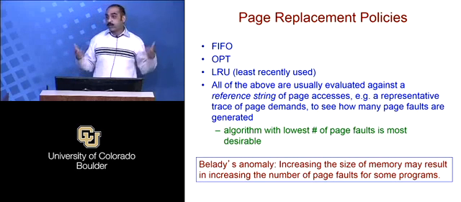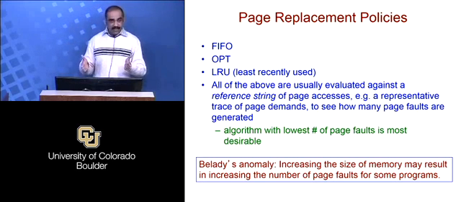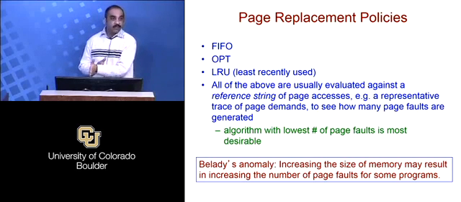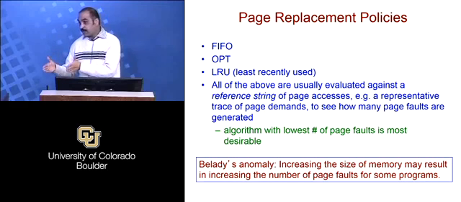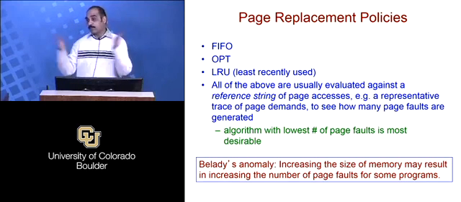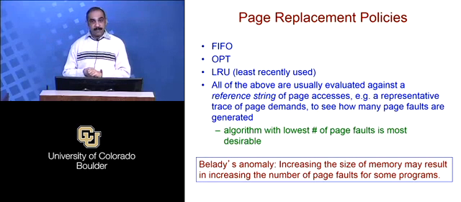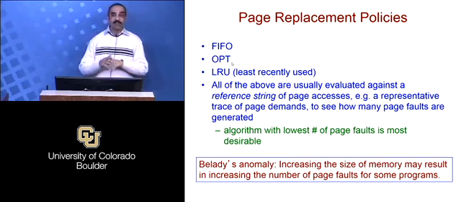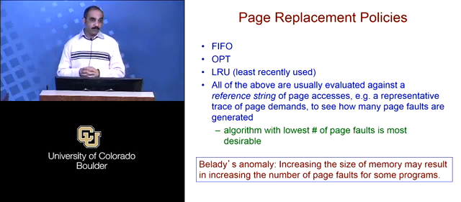You can look at the string in the future and know which pages you're going to need, so you keep these pages in memory, and this page you don't need, so you move it out. And optimal, by definition, will give you the best possible performance, the lowest page fault frequency, because you know everything.